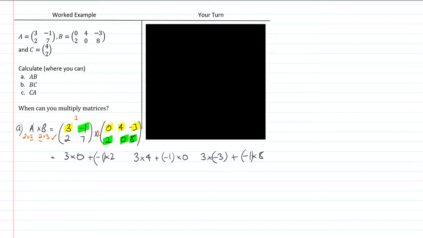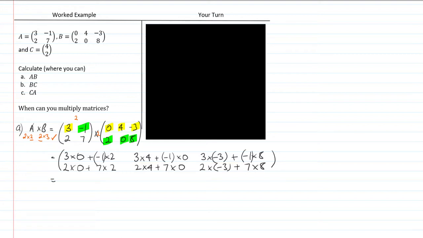And in the second row, I've got 2 and 7. Same thing again, but I won't worry about colours this time. 2 times 0 plus 7 times 2, 2 times 4 plus 7 times 0, and 2 times negative 3 plus 7 times 8. You can see how you've got to be really, really clear and clinical about your approach.